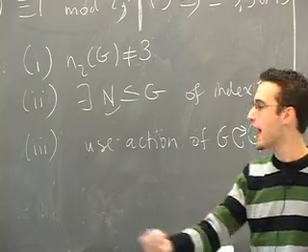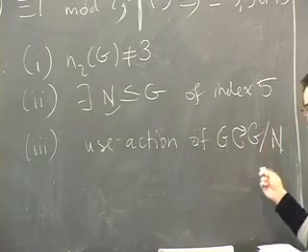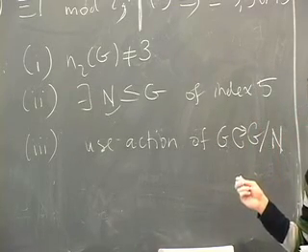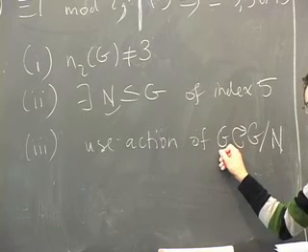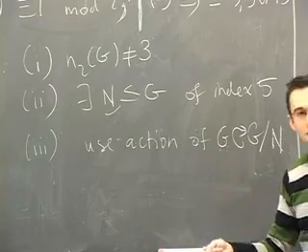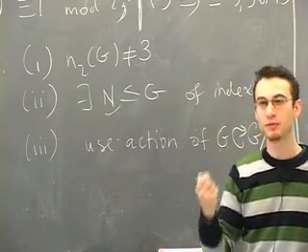Each element of the group induces some permutation of a set of 5 elements. And so you effectively have a homomorphism from G to the symmetric group on 5 elements. And it's from that we're going to extract the isomorphism with A5.